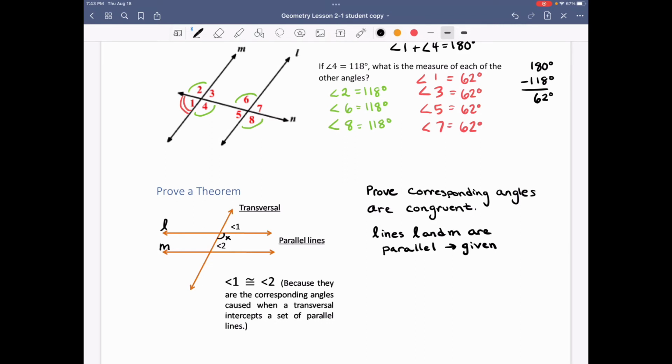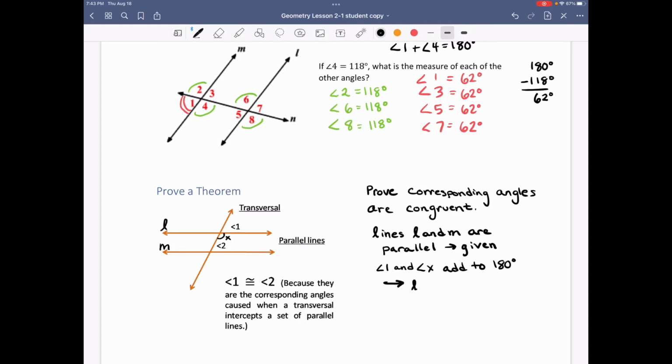Then we're going to say that angle 1 and angle X add to 180. And the reason for that is because they are a linear pair.